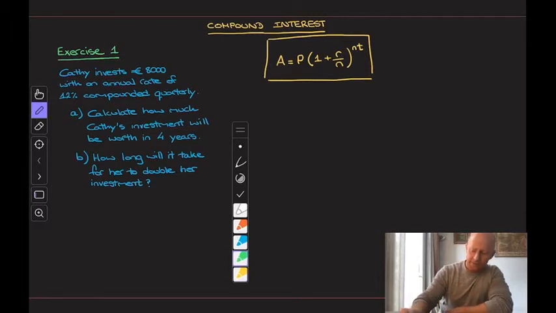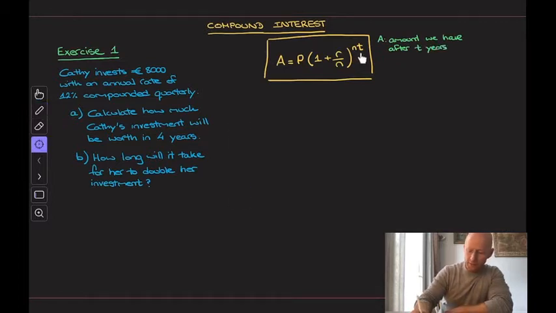Going from left to right, A is the amount we have after T years. Just to be clear, the T is what we see right here, and that will always equal the number of years that have gone by.